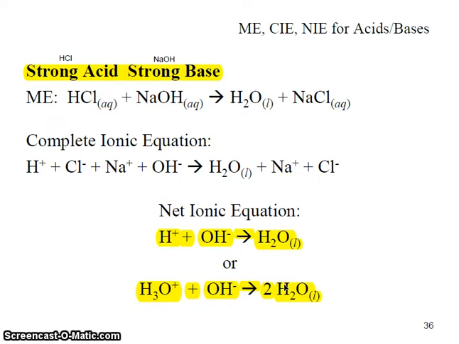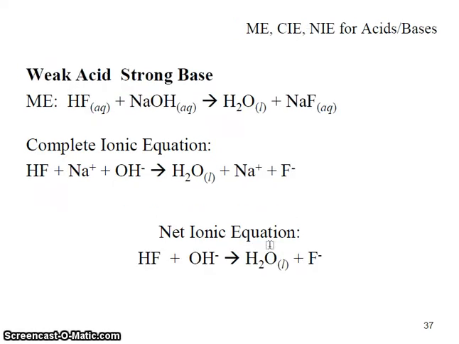But realize we would be able to utilize and come up with this net ionic equation for strong acid, strong base, because in this case we expect complete ionization of both the acid as well as the base. How would things be different if instead of having a strong acid, strong base, I had, let's say, a weak acid, strong base, or maybe a strong acid, weak base type of system?